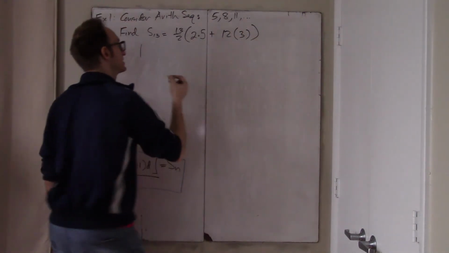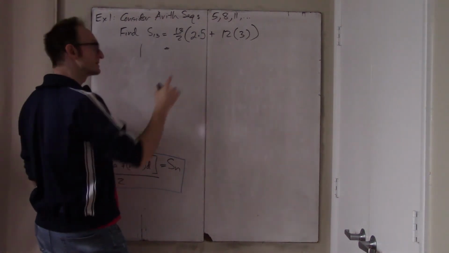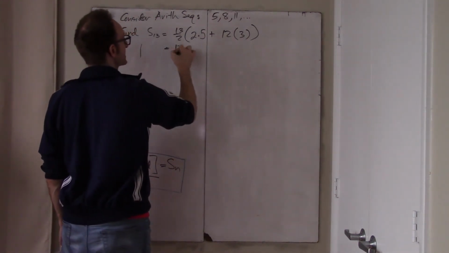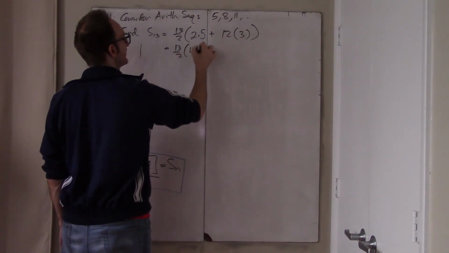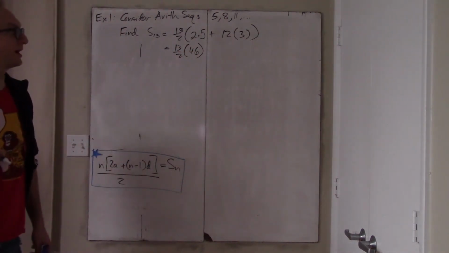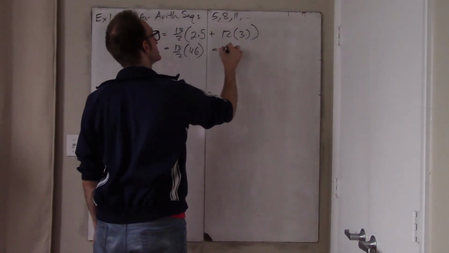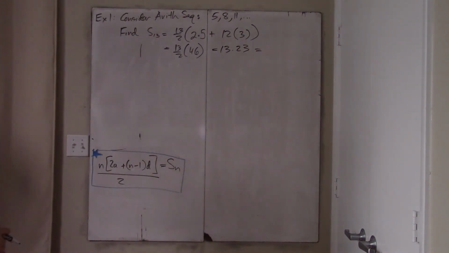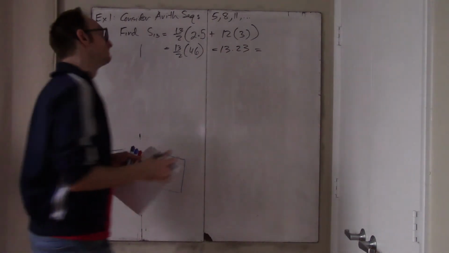And now it's just arithmetic, right? So this is 10 and 36, so that's 46. So 13 over 2 times 46. So this is just 13 times 23. So whatever that is, 230 and 69, so it's 299.